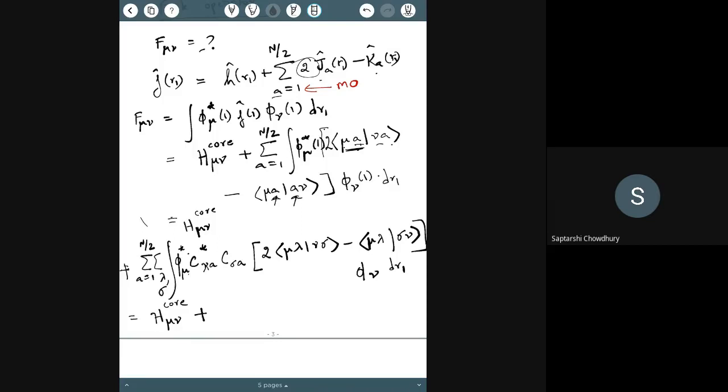When I have formed the Coulomb integral, and I've put the nu inside here, then obviously I have done the integration on phi mu star. So there is no need to have the phi mu star over here anymore.